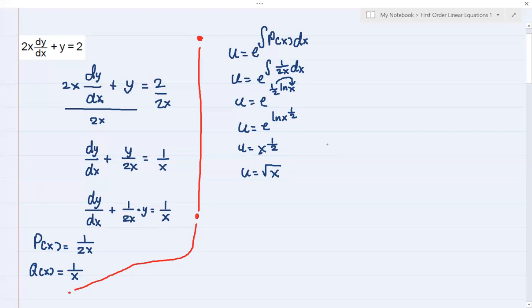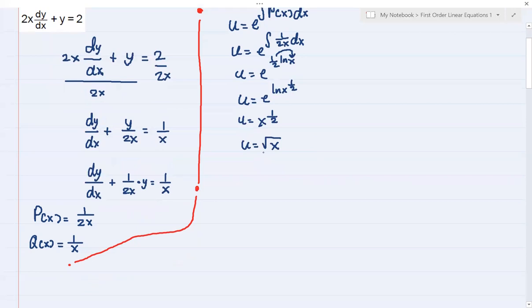Okay? Now that you have found your u, the next and last step is to substitute it in this formula, which is u times y is equal to the integral of u times q of x.